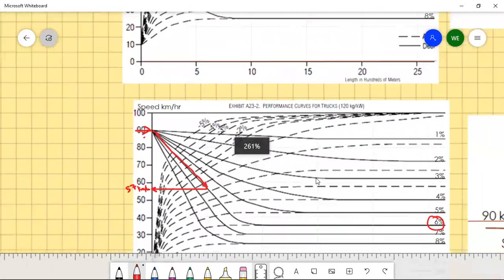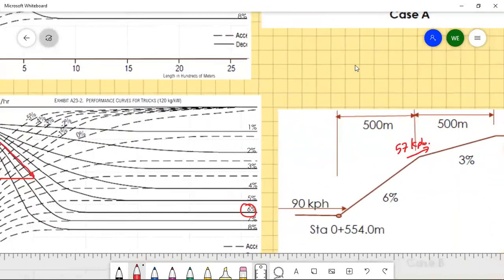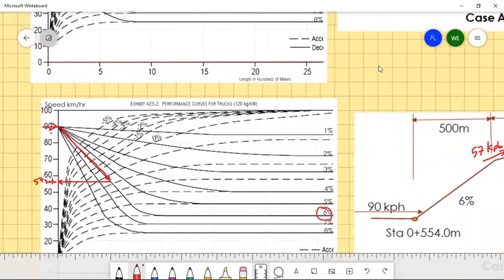So let's mark this down here. It's going to exit here at 57 kilometers per hour. Okay, let's now go to the 3%. What does this mean?